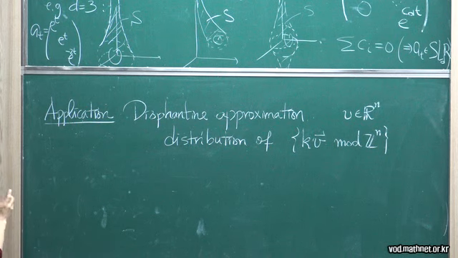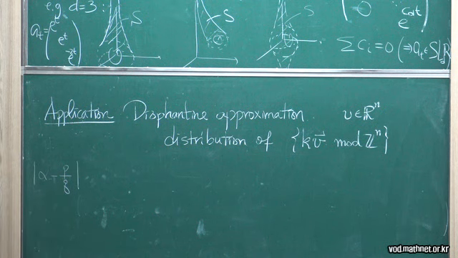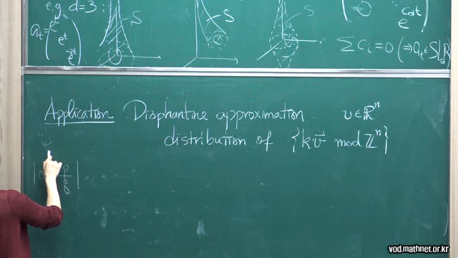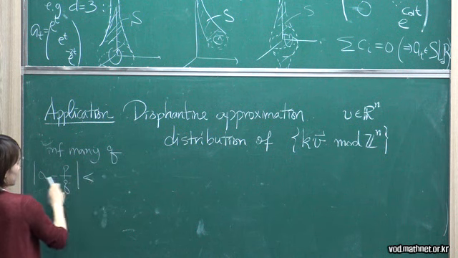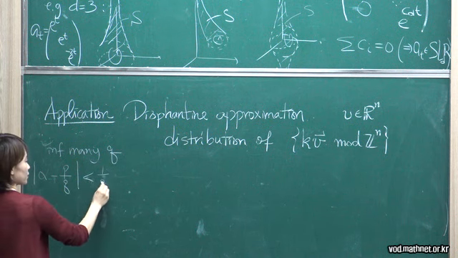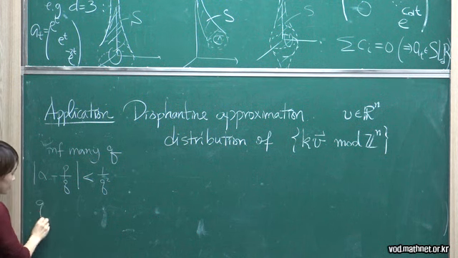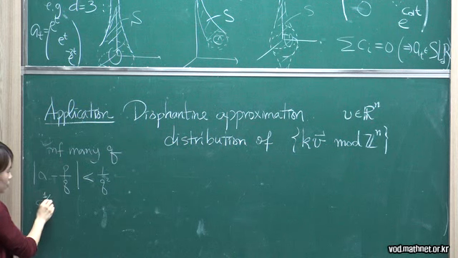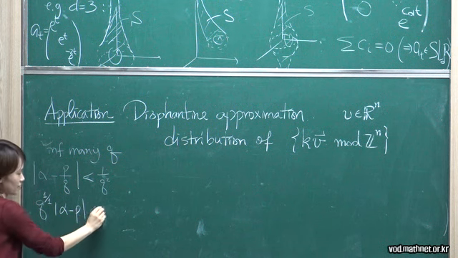So maybe I should briefly review the Diophantine approximation of a real number. If you have a real number, you want to approximate it by rationals. Using the pigeonhole principle, you can show that there are infinitely many q such that the difference is bounded by 1 over q squared. So let's multiply by q squared. Think of it as q to the power 1 over 1 times q alpha minus p, and it's less than 1.